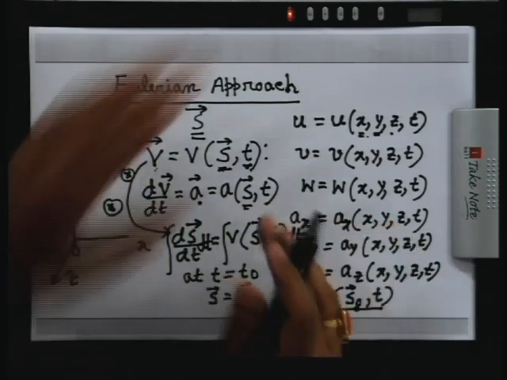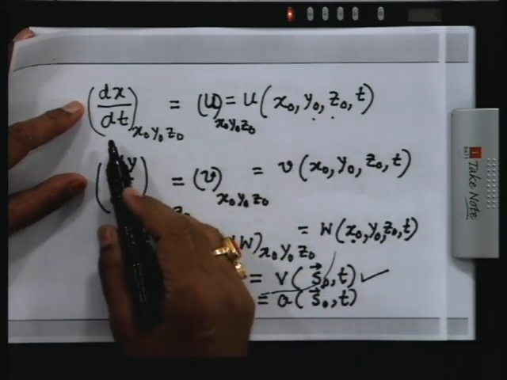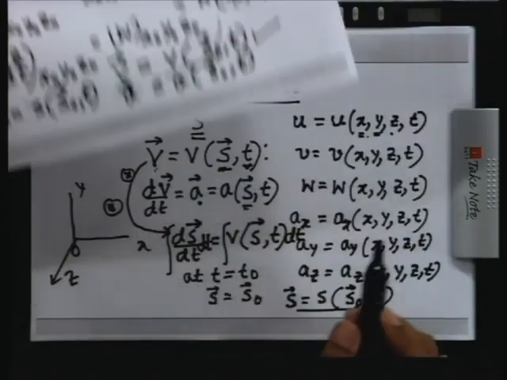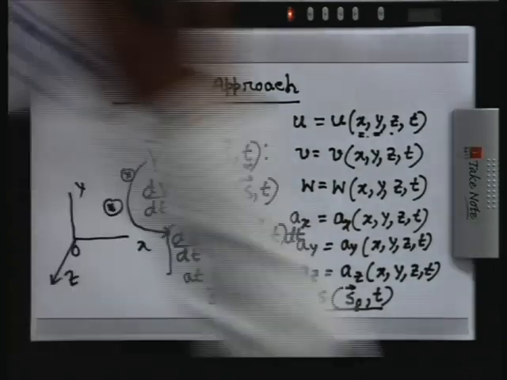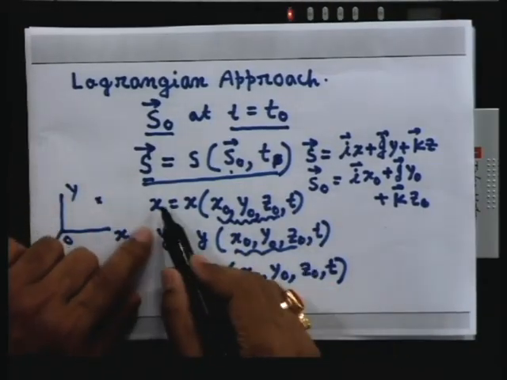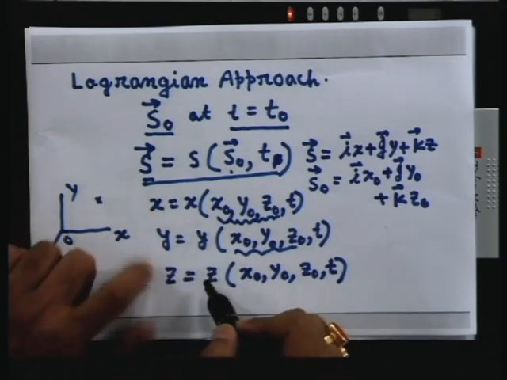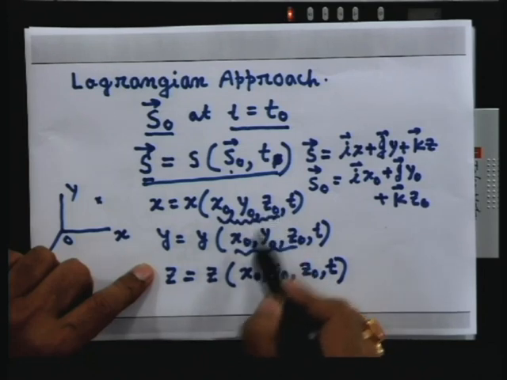Similarly, the Lagrangian approach which we saw earlier can be expressed in terms of the Eulerian approach. Sorry, we do not integrate this equation; what can be done is differentiating these expressions, and tactfully, this becomes a mathematical job, eliminating this x0, y0, z0.